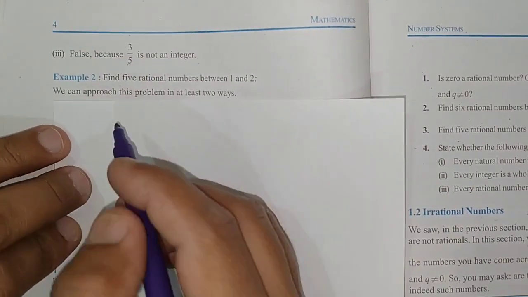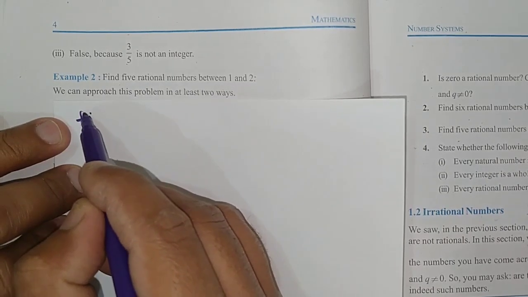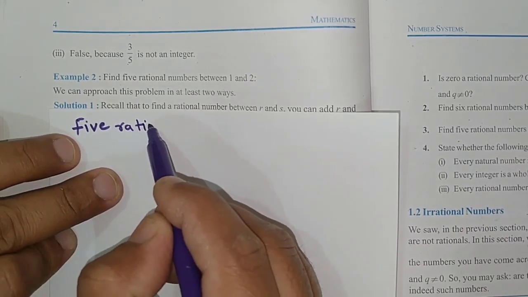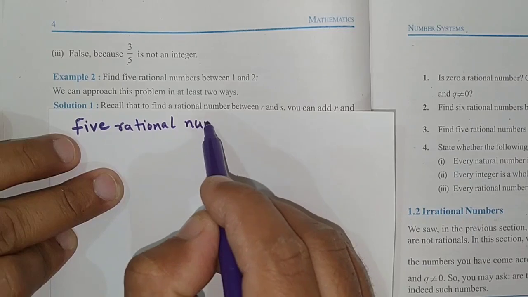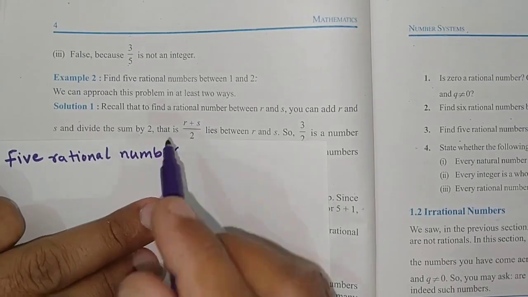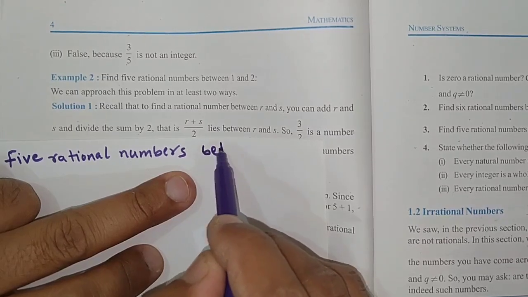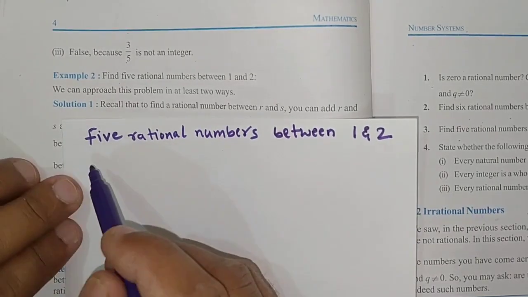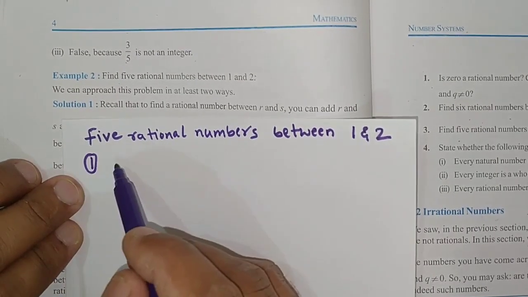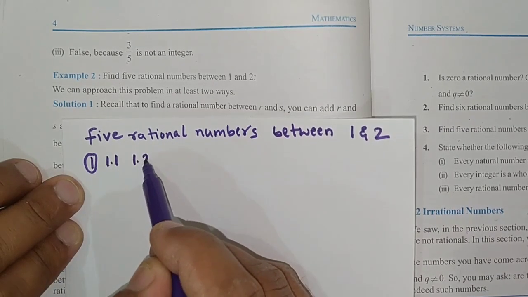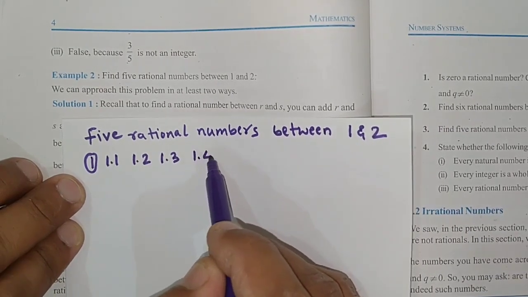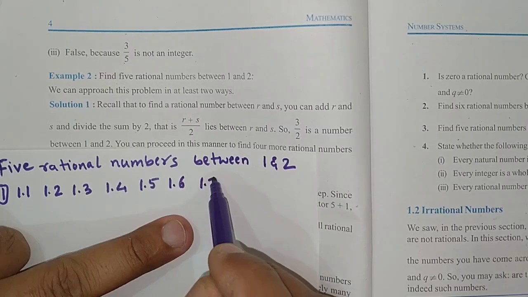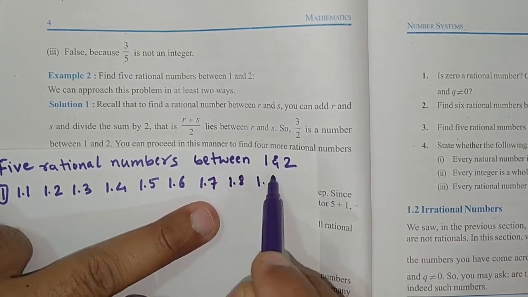You need to find 5 rational numbers between 1 and 2. Between 1 and 2 you will find 1.1, 1.2, 1.3, 1.4, 1.5, 1.6, 1.7, 1.8, 1.9.